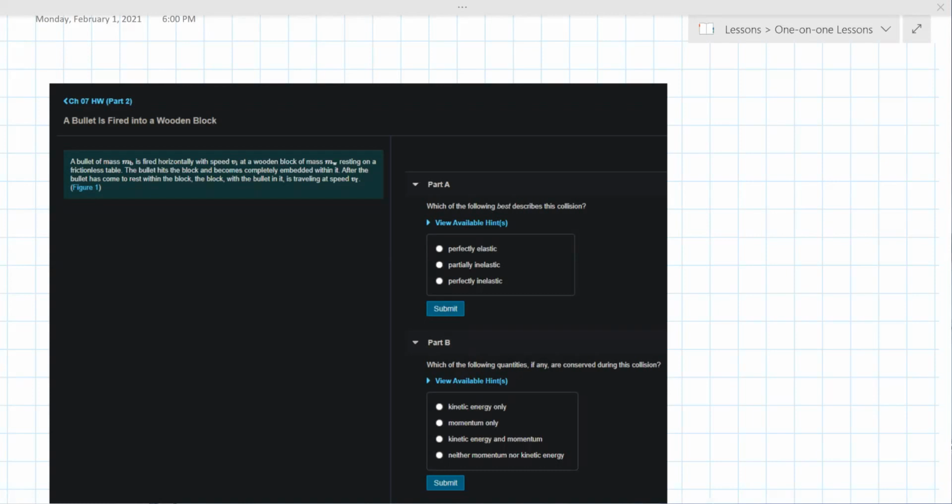Is it just the kinetic energy? What do you think? I think it's the kinetic energy, but I have no idea. I mean, momentum is conserved, but kinetic energy is not. So momentum only in this one.